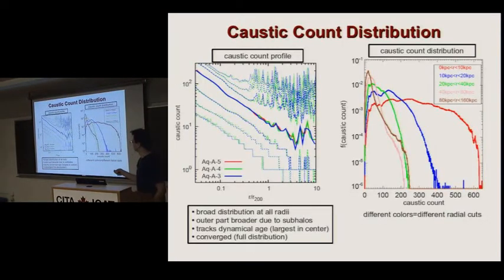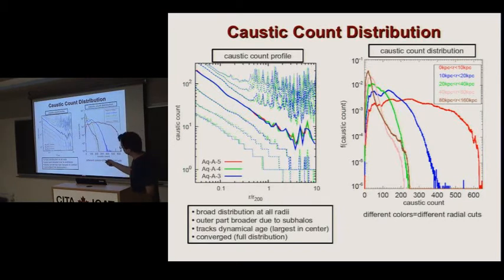Now, more quantitatively, you can ask what is the typical number of caustics that a particle has passed at a given radius, and you can express the radius in units of R200. This solid line is the median profile of the caustic counts, and this increases towards the center, which is not surprising because the particles are just dynamically older in the center, and the dynamical time scale is shorter in the center.